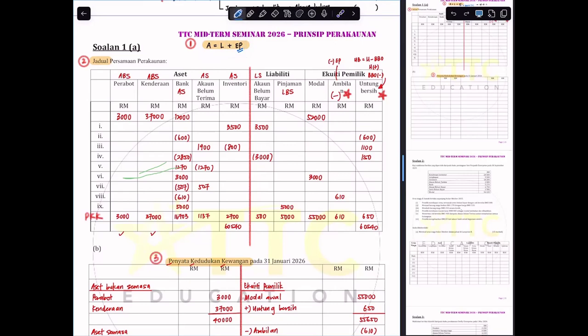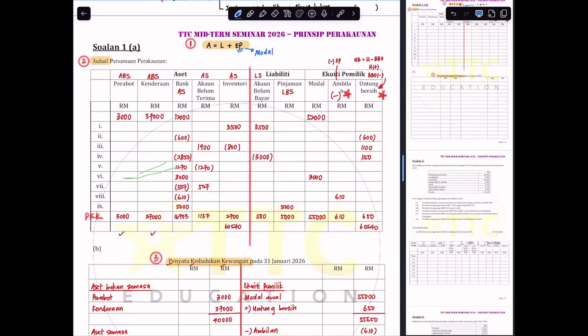And just now we mentioned most of the time the question won't give you the EP, right? So this time EP is something like your X, like your unknown. And what's the EP normally missing in the question? Modal. Because without modal, without the fund in the company, can you run any business?